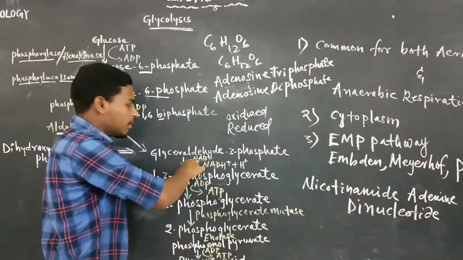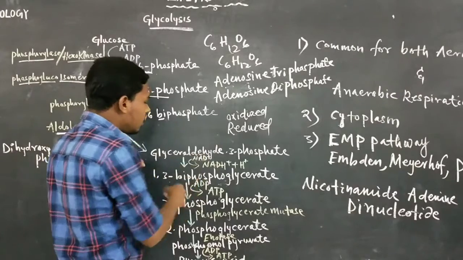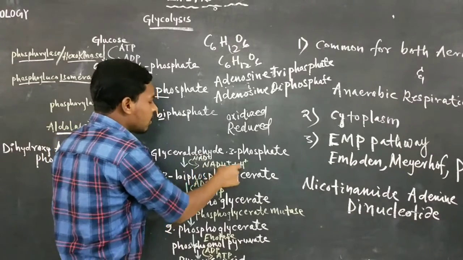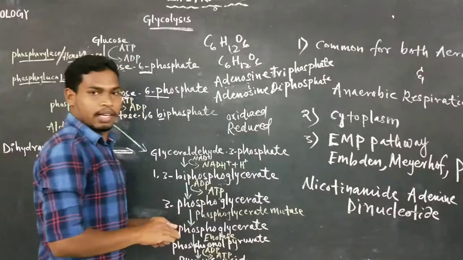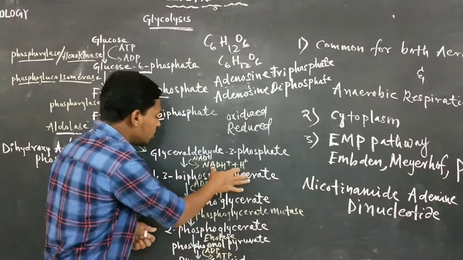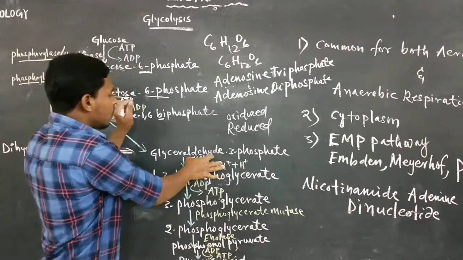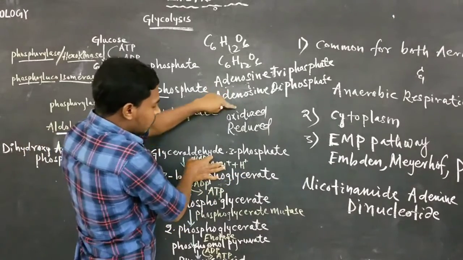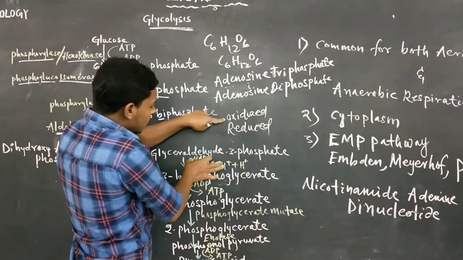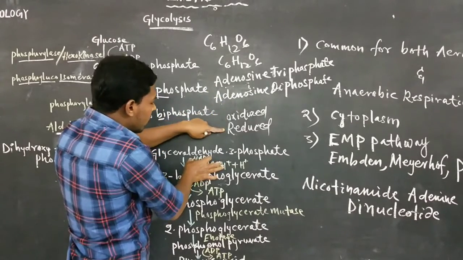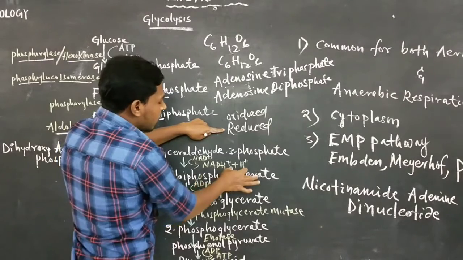Okay, NAD plus gets reduced into NADH plus H plus. NADH plus H plus is the reduced form of NAD. I told you if something has to get oxidized, something should be reduced. So NAD is getting reduced into NADH and H plus.